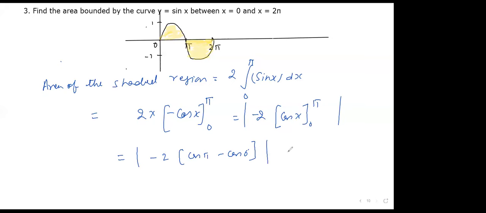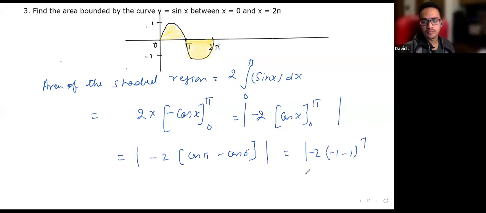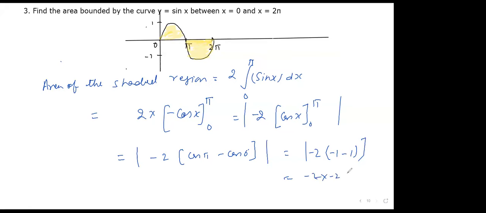Minus 2 cos pi is minus 1, and cos 0 is 1. So this becomes minus 2 times minus 2, that is 4 square units.